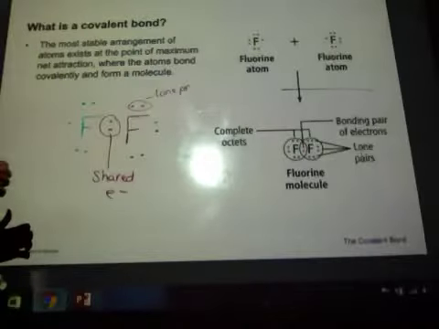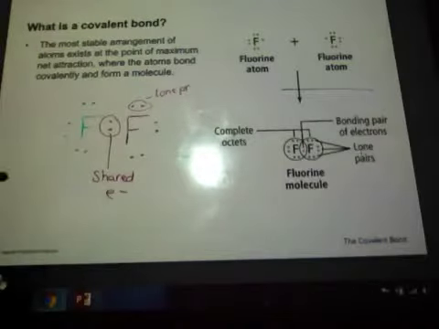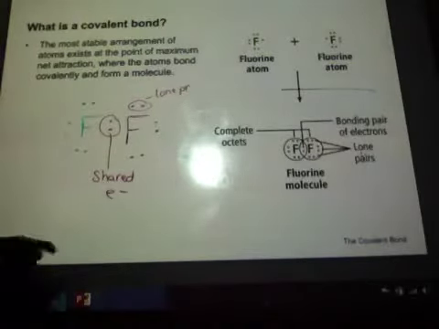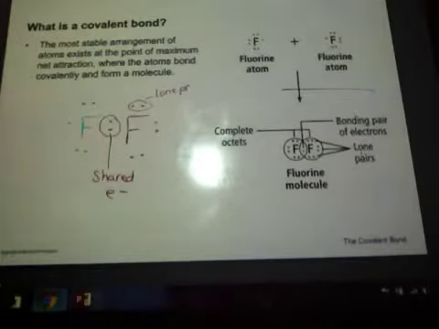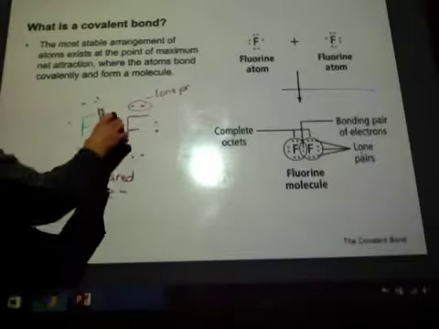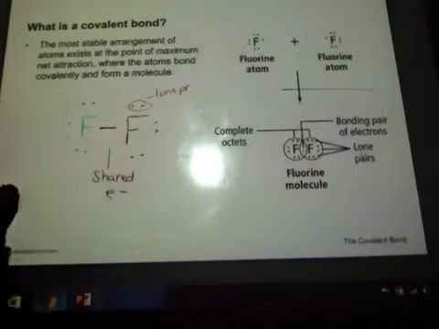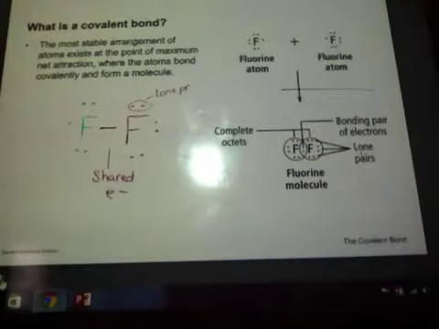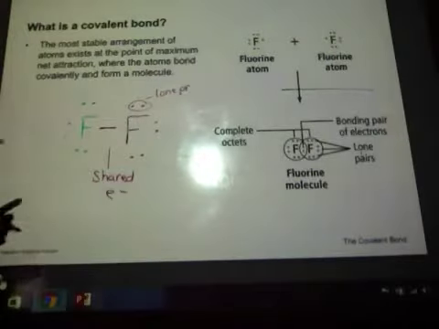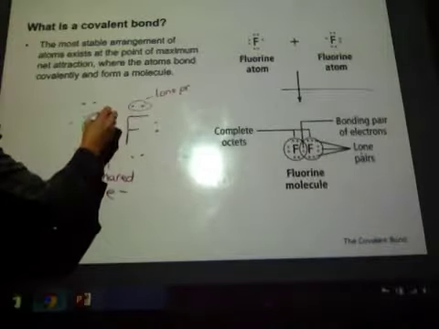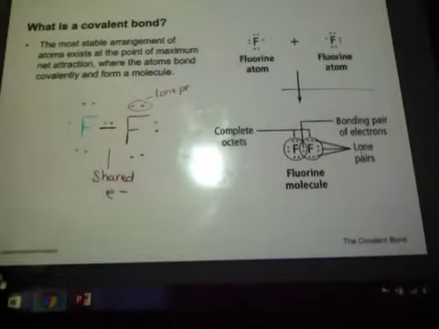And another thing that I want to point out now, which we'll talk about later, is when you make a bond, eventually we're going to show the bond as a line. So wherever you see a line, what's actually there? How many? Two. Every time you see a bond, there are 2 electrons that are shared in that spot.